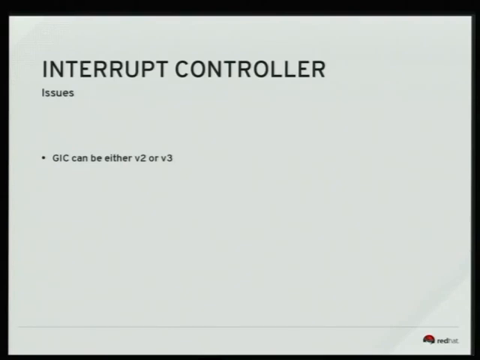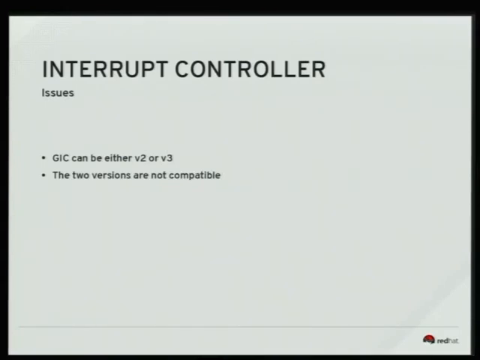The reason you have to add it manually is that there are two versions of the GIC. One is v2 and the other one is v3, and they are not compatible with one another. In theory, you could have a host that can run both v2 and v3 guests, but in practice, most of the time, if your host is v3, you're going to want to have v3 guests, otherwise they will just not run.